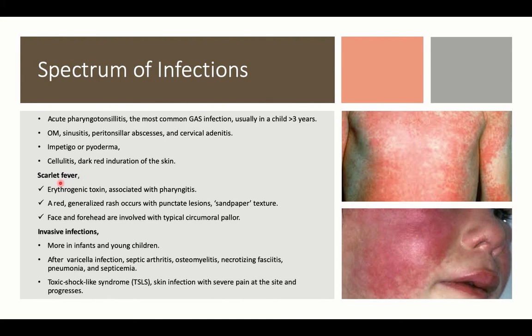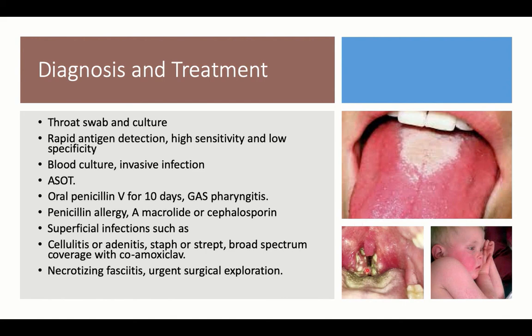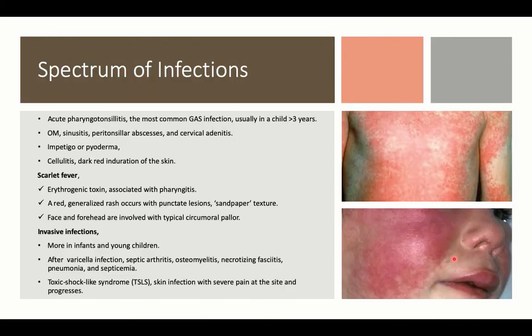Another presentation of streptococcal infection is scarlet fever. Scarlet fever is caused by release of erythrogenic toxin associated with pharyngitis. So scarlet fever can present with suppurative pharyngitis or tonsillitis like that, and then release of erythrogenic toxin will give this toxic look of the child associated with characteristic erythema.